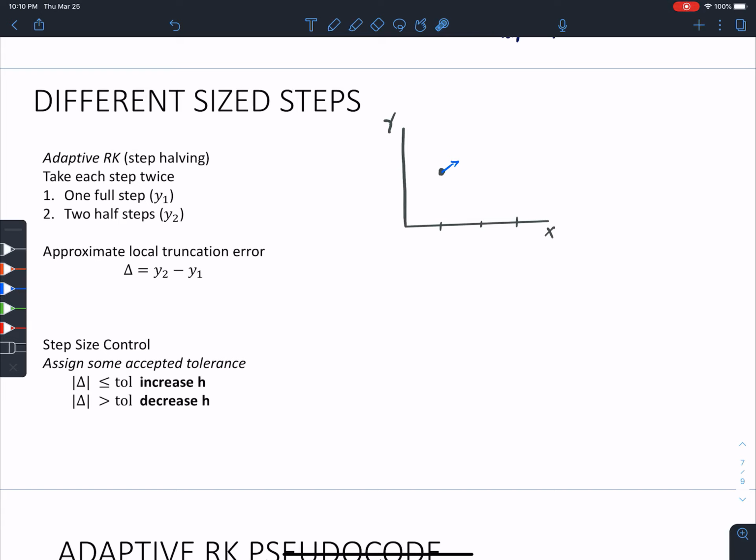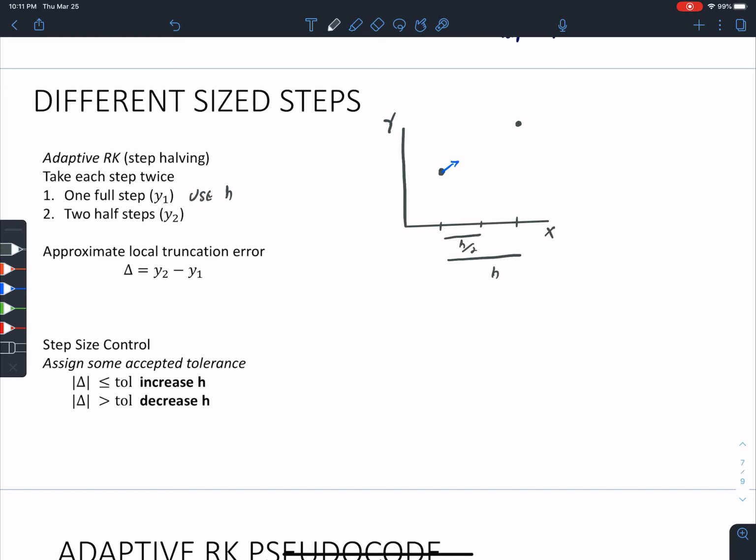So use h, for example. So if we use h in this case, we follow along the slope, and let's say this is h here. So our solution in this case would be, well, let's say that between here and here is h, right? So this is h, and let's say between here and here it's h over 2. If we take a full step size h, we'll end up more or less here.